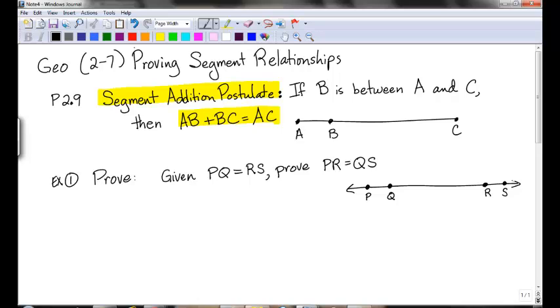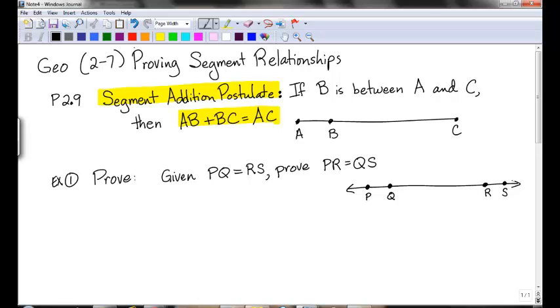Okay, now one thing you want to do when you look at the pictures, if you look at that picture and look at what we're trying to get to, it's PR, that's this whole thing, and QS. What's the part in common in both those? The PR and the QS.